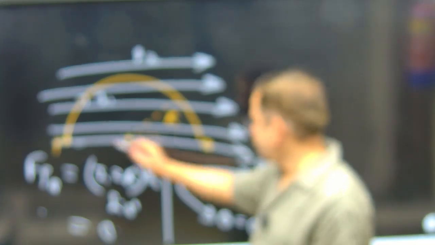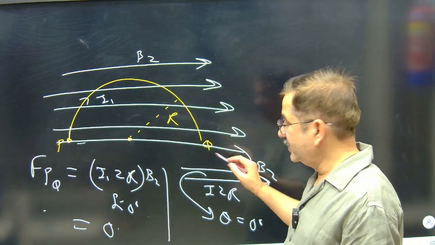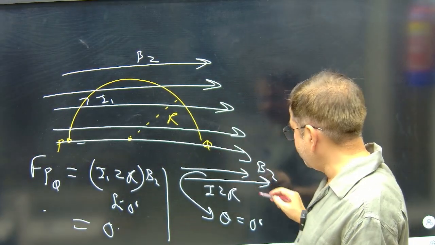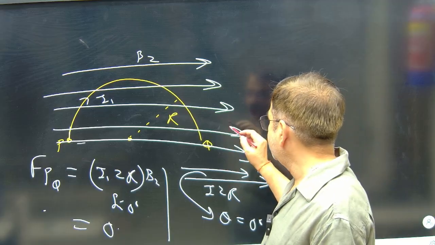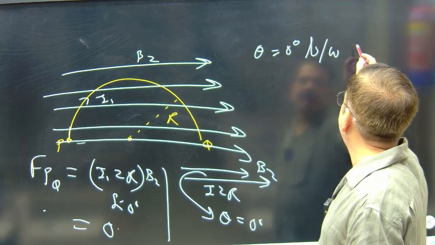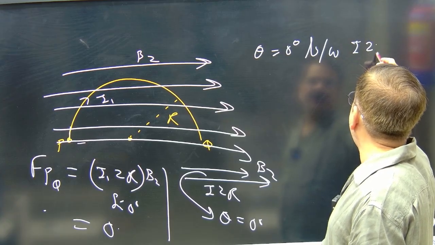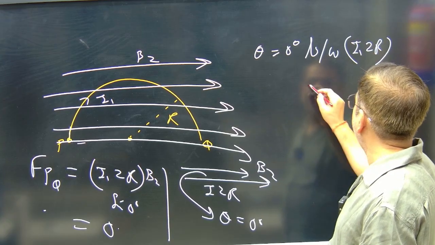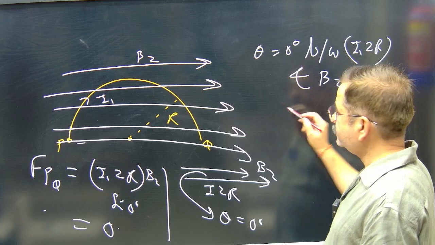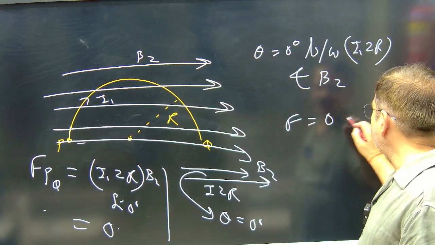Why so? Because the effective length of the wire displacement is along the x-axis and the magnetic field is also along the x-axis. So the angle theta is equal to 0 degrees between the displacement I1 2R vector and B2. For this arrangement, the force value will be 0.